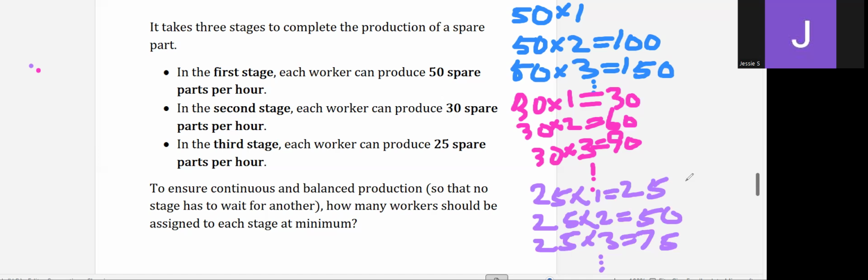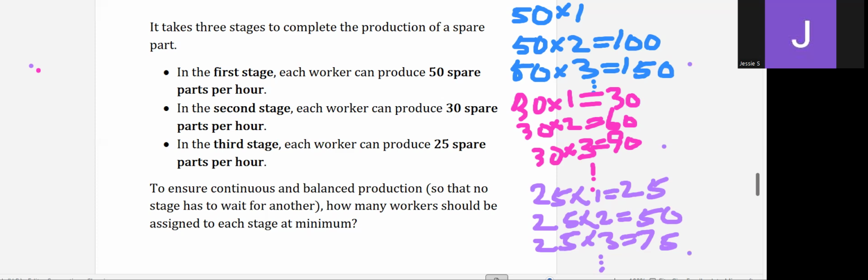Then how do we find the same number of spare parts first? Okay, we know that 150, 90, 75, those are all multiples of 50, 30, and 25. So first of all, let's find the common multiple for all 50, 30, and 25.